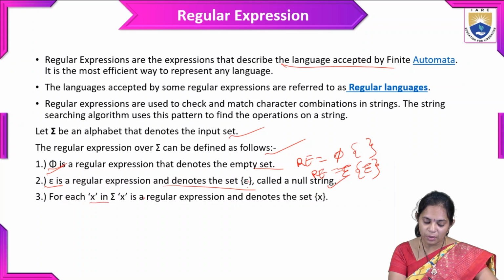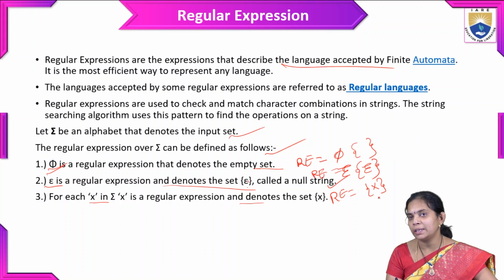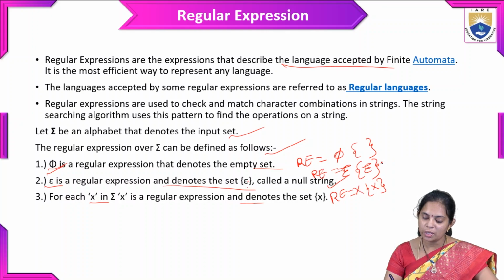And for x in sigma, x is a regular expression and denotes the set of x. So x is nothing but, based on the input values except phi and epsilon, whatever is there as a regular set which contains the x value, so this x is also a regular expression. So these are the three conditions over the regular expression.